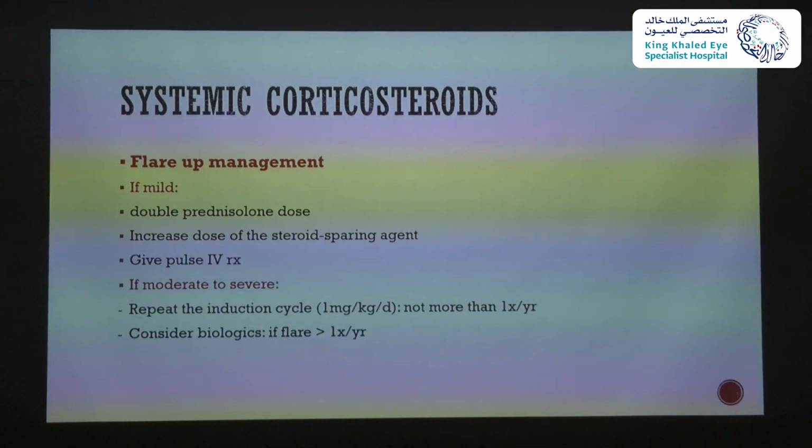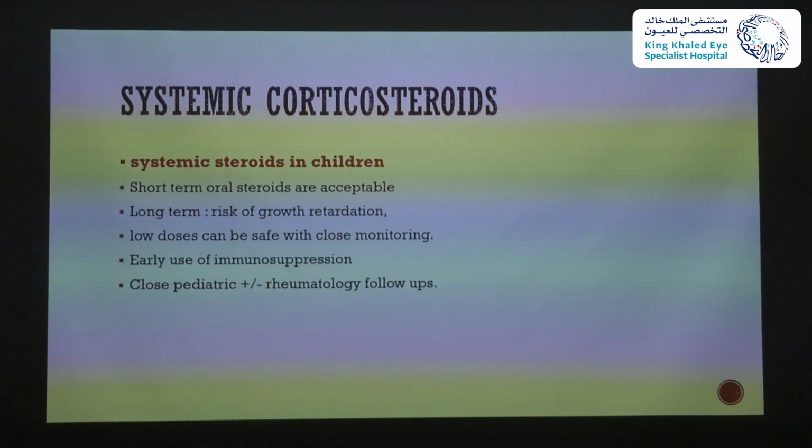But if the flare is moderate to severe, we might need to repeat the induction cycle. Some reports do not recommend repeating the induction cycle more than once per year. And we can consider a biologic if the patient is developing severe flares more than once per year.